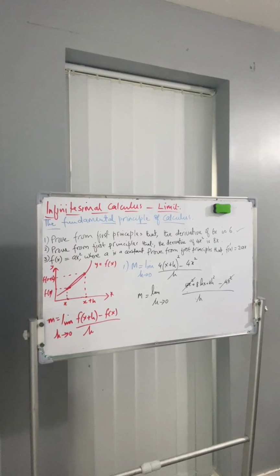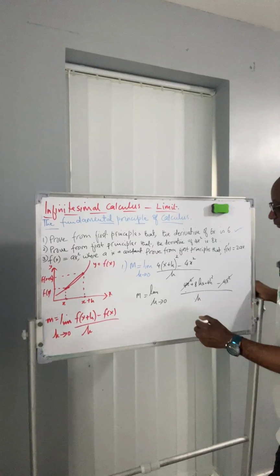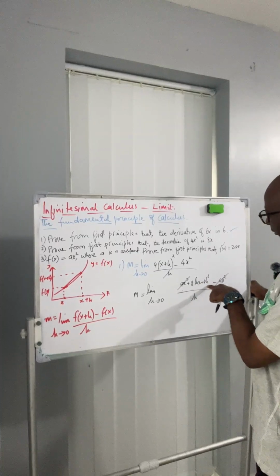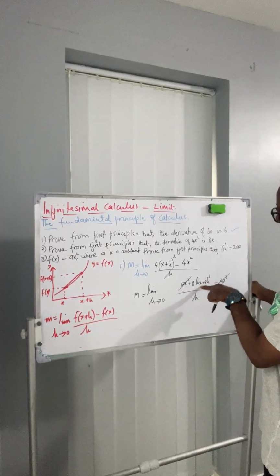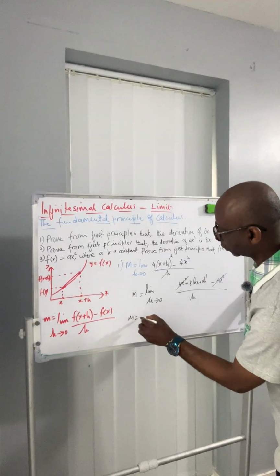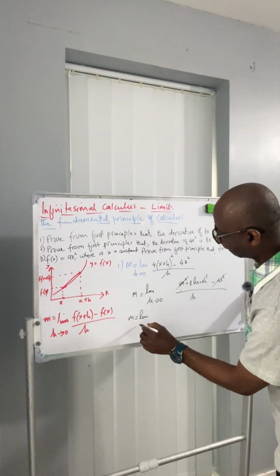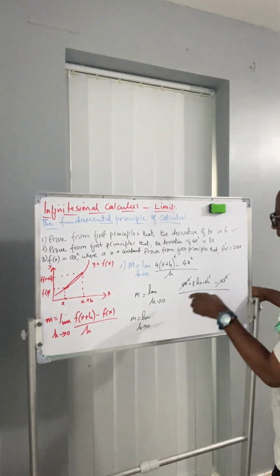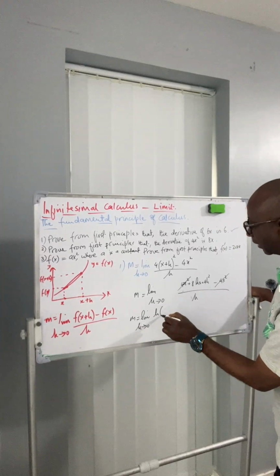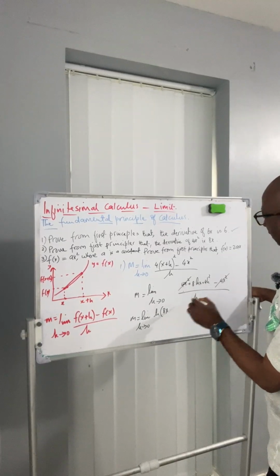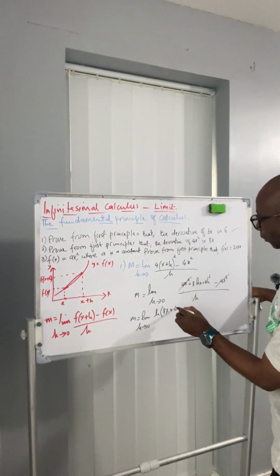So now let's do something. We have h on these two elements, so we can factorize. So this will give us m is equals to the limit as h tends to 0. So we'll have h factorized. So this now will become 8x plus 4h.